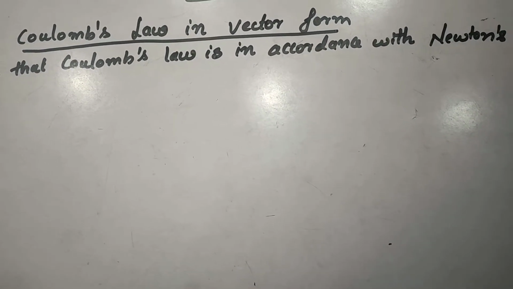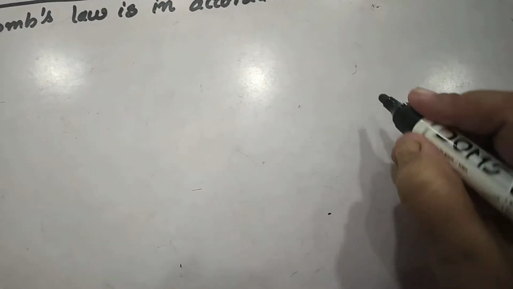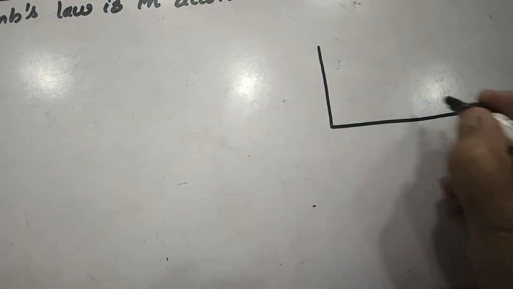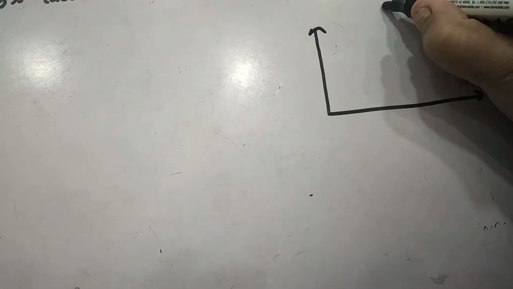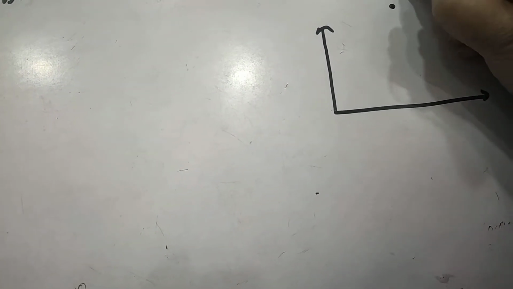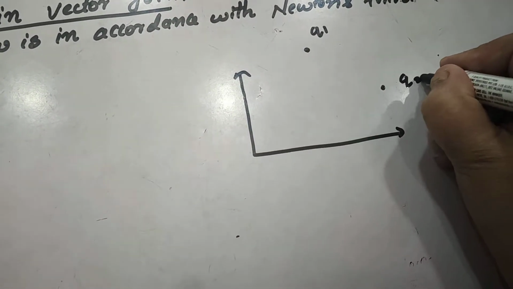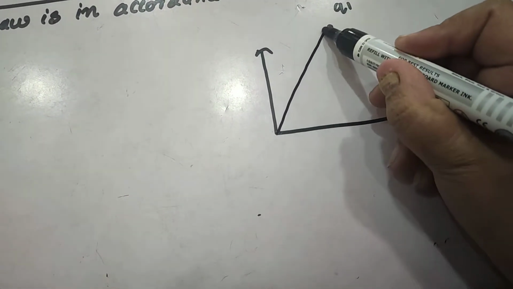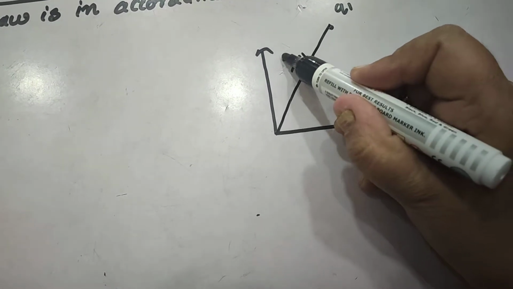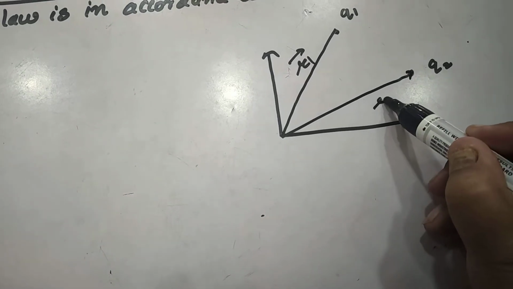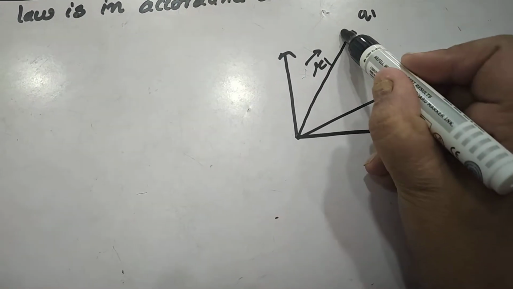Now, to understand Coulomb's law in vector form, let us consider a Cartesian coordinate system having two point charges q1 and q2 at position vectors r1 and r2, right?